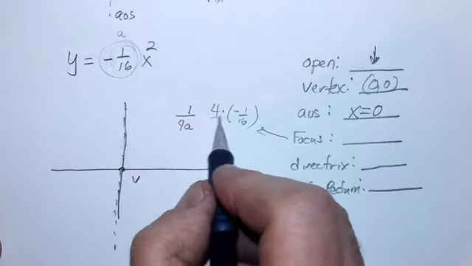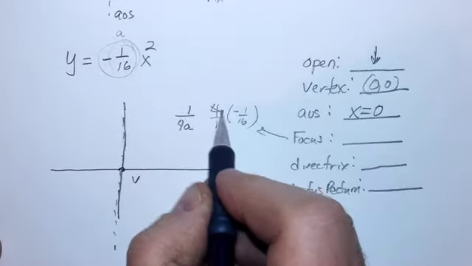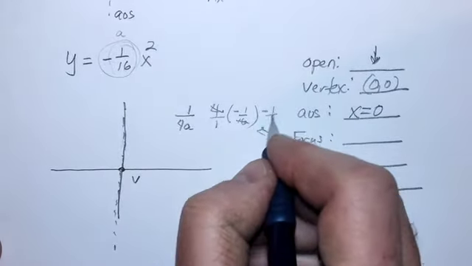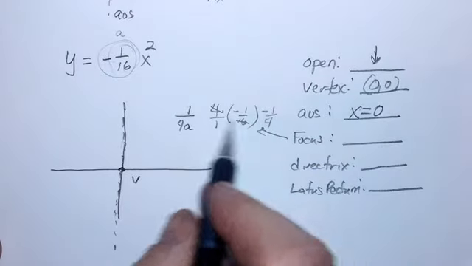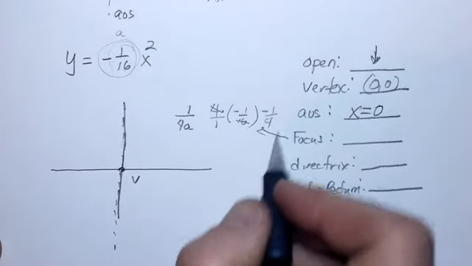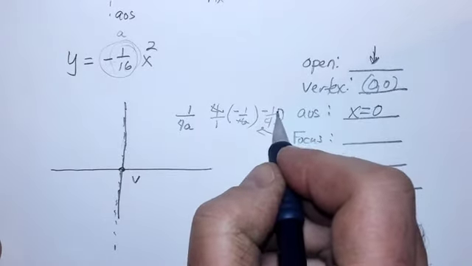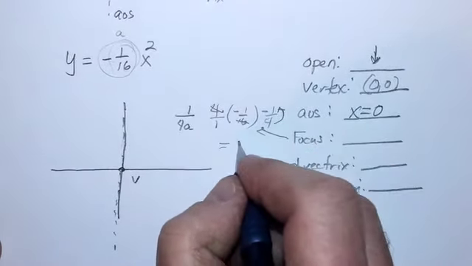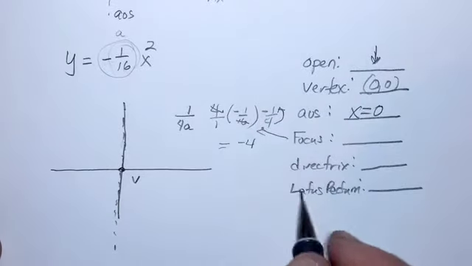And if you simplify that, you get negative 1/4, right? What we want to do then is take 1 over that. So all I do is find that, and I flip it over. So if I flip this upside down, this equals negative 4 then.